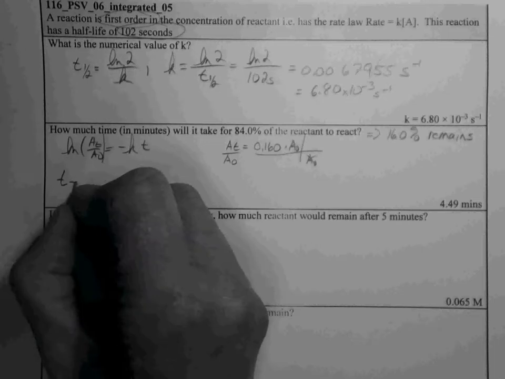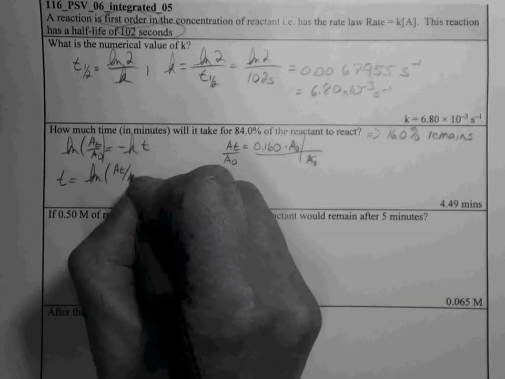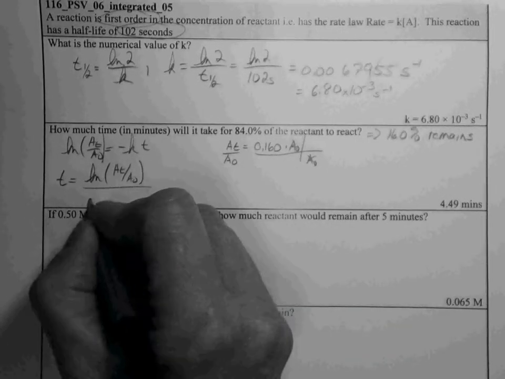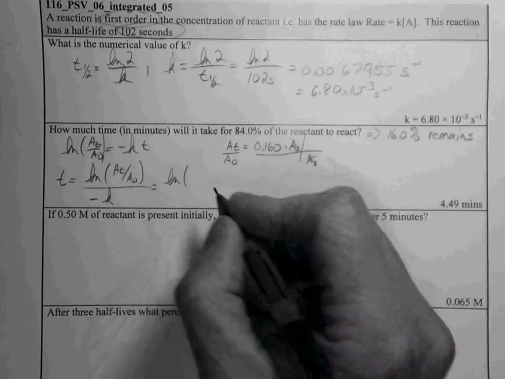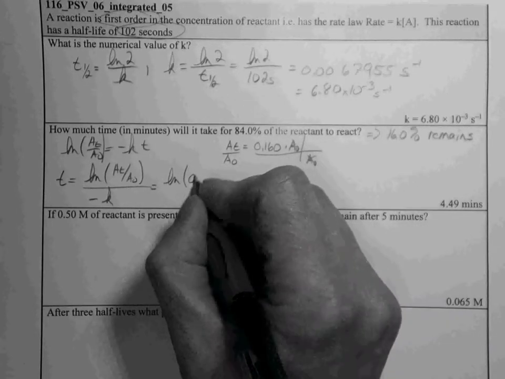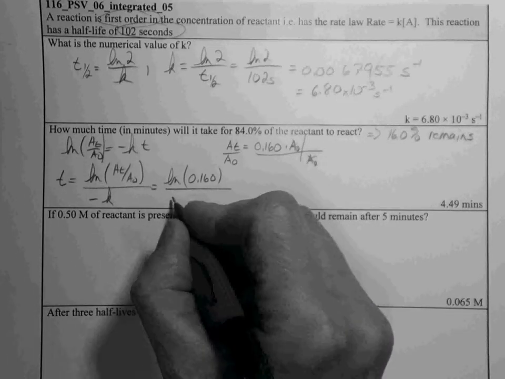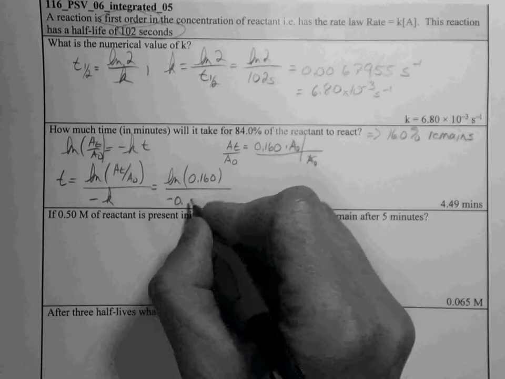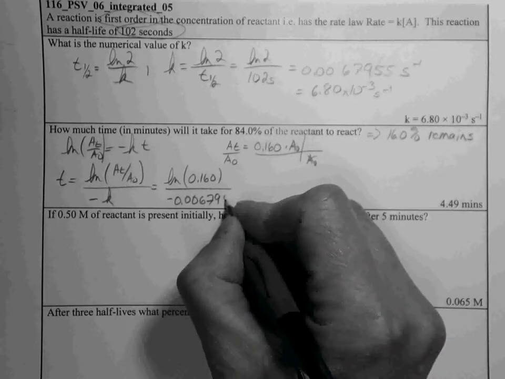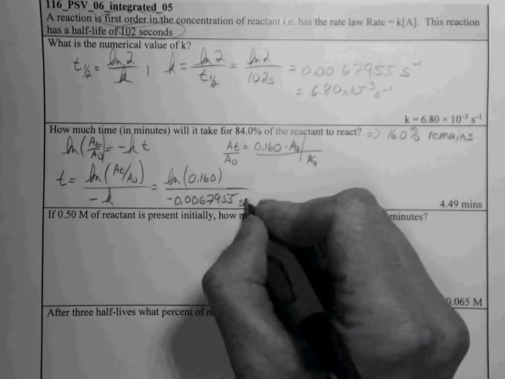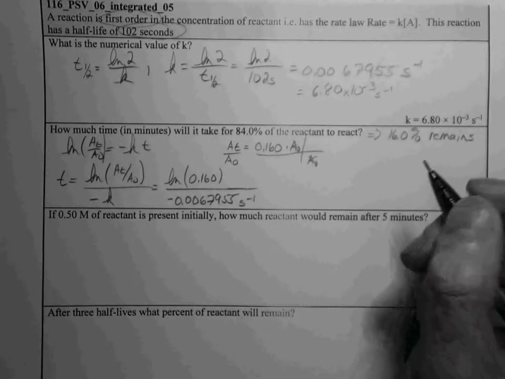So t is going to be equal to the natural log of A of t over A0, divided by negative k. This is the natural log of 0.160 divided by negative 0.0067955. We'll go back to the unrounded value so that we don't introduce rounding error.